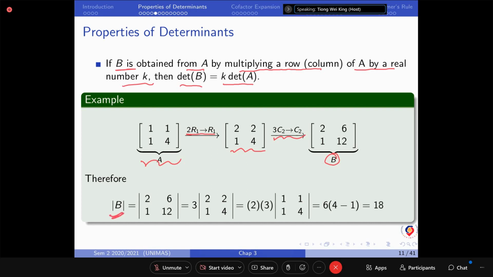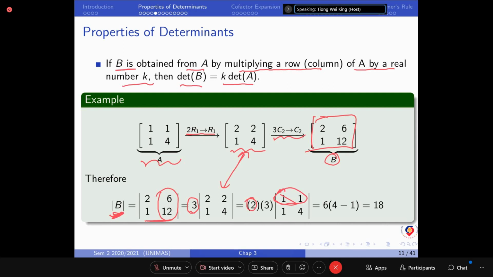Because this is for determinants, remember our new matrix B. This is actually like you factorize 3 from column 2, then you have the second matrix, and after that you factorize 2 from row 1.